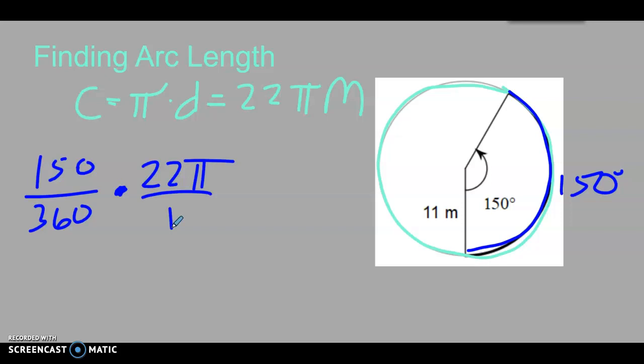In order to calculate this out, I'm first going to reduce this fraction, 150 over 360, and say I can divide them both by 10, making it 15 over 36. Then I recognize 15 and 36 can both be divided by 3, getting us down to 5/12.